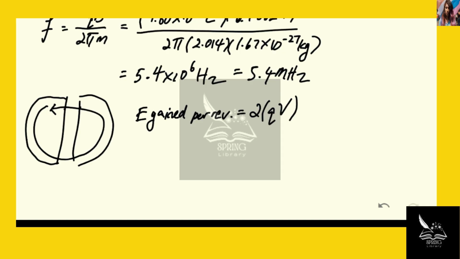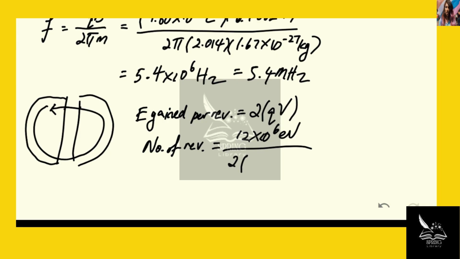So the number of revolutions that we will need, we just take the energy, which is 12 times 10 to the power 6 electron volts, right, 12 MeV, divided by the energy gain per revolution, which is 2 times the potential difference times the charge, which in our case is just e, right?